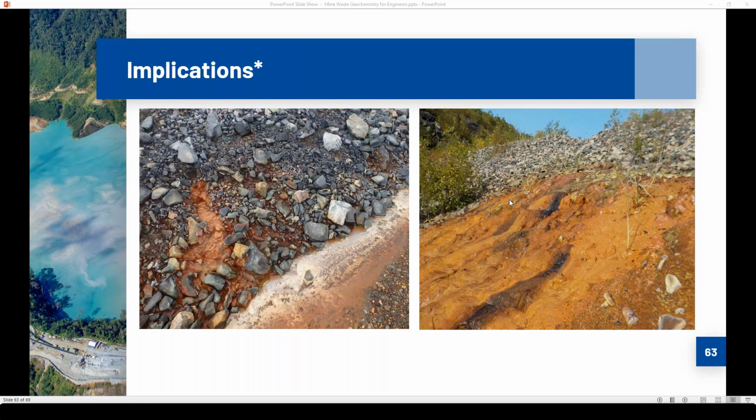As we can see there, when we get precipitation, and I'm showing some iron precipitates there, through these precipitates we can block the pathways of water, and that means the water has to find different pathways to exit from a facility, and that can often be in areas where they have not been designed to take that flow.